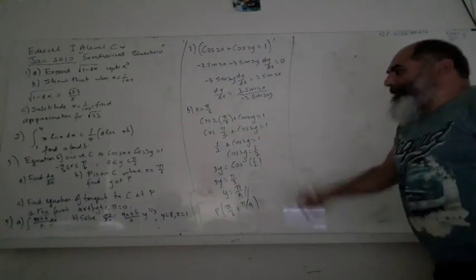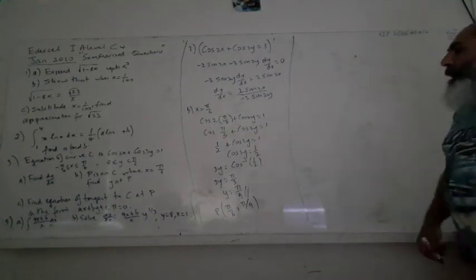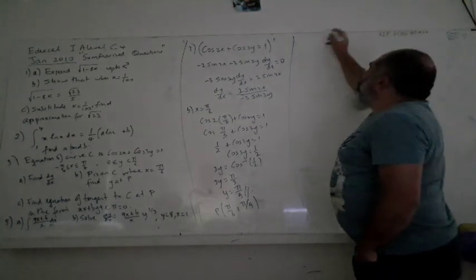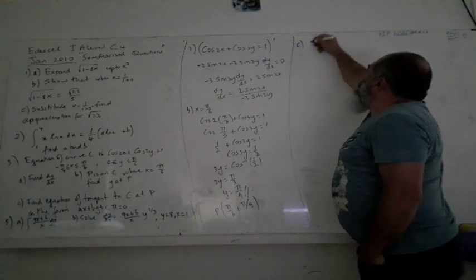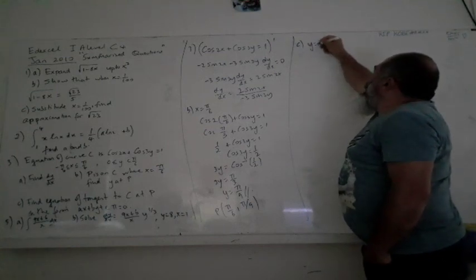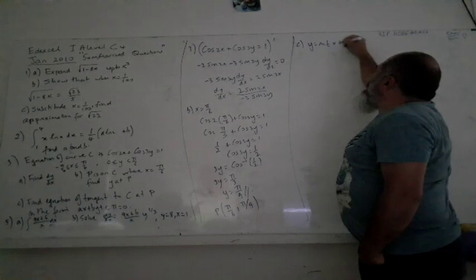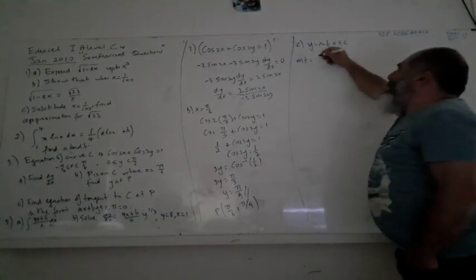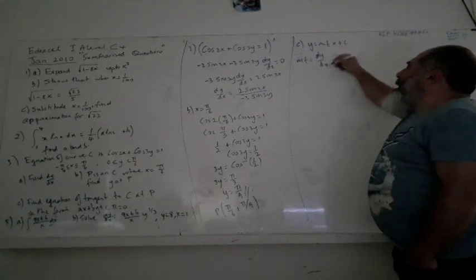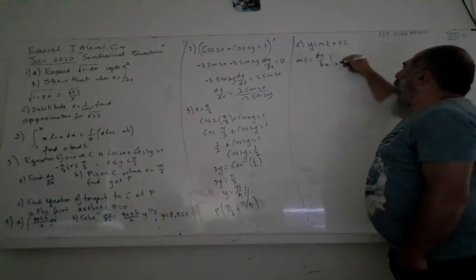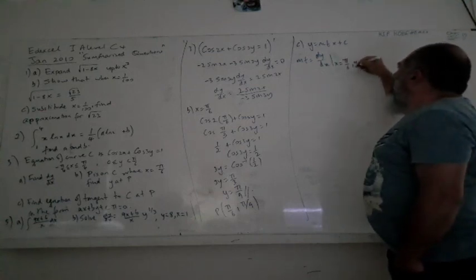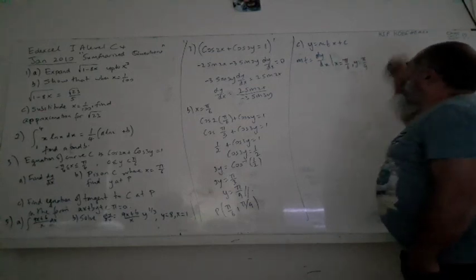Now part C. Find the equation of the tangent to C at point P. To be able to find the equation of the tangent line, we have to find the gradient of the tangent line, which is dy over dx at the given x value, which is pi over 6, and the y value is pi over 9.